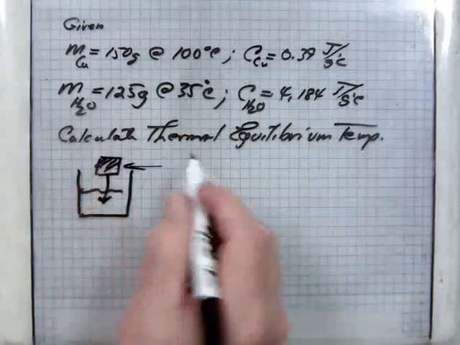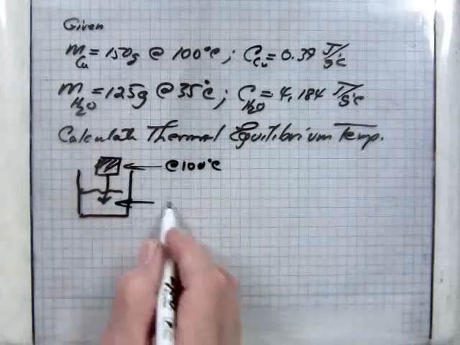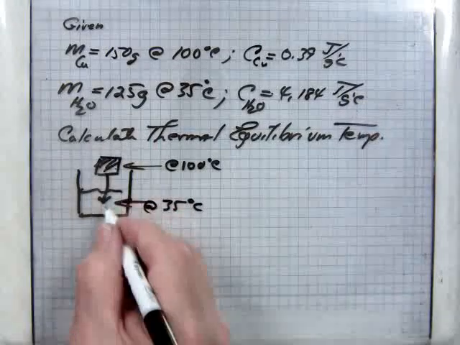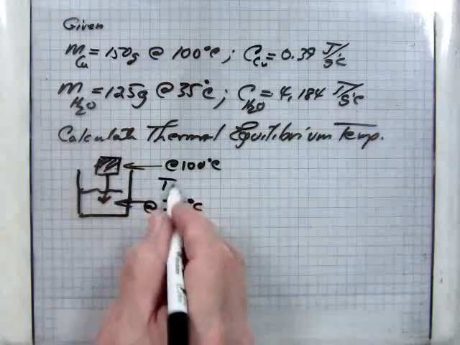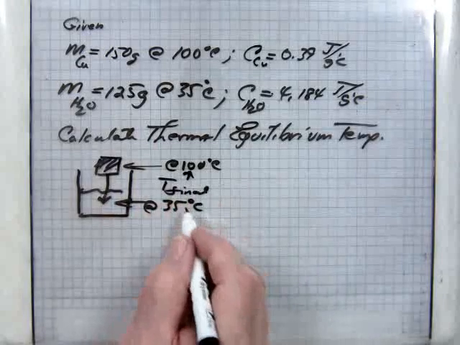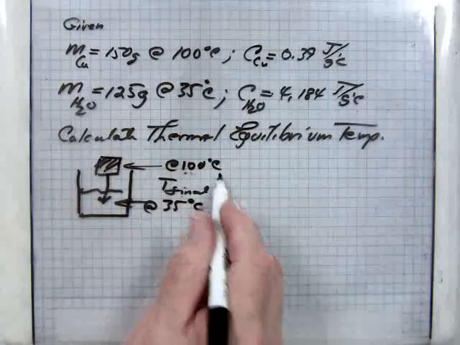This is at 100 degrees C, and this one's at 35 degrees C. Well, after they mix, you're going to have a final temperature between these two temperatures, in the middle somewhere.